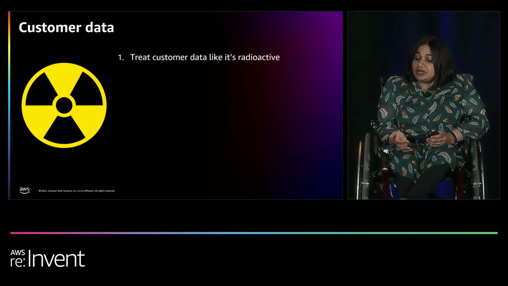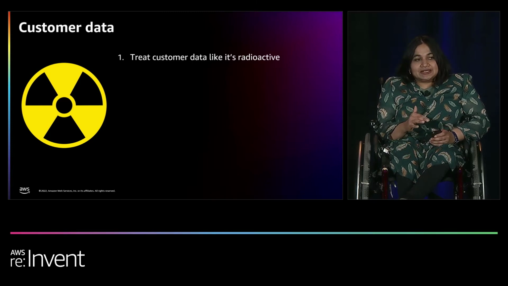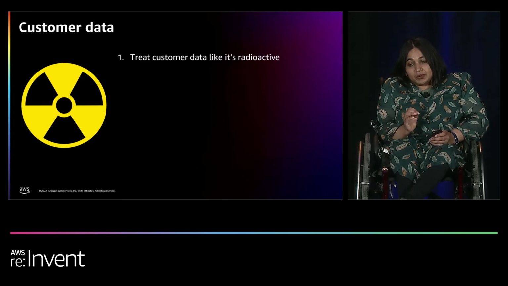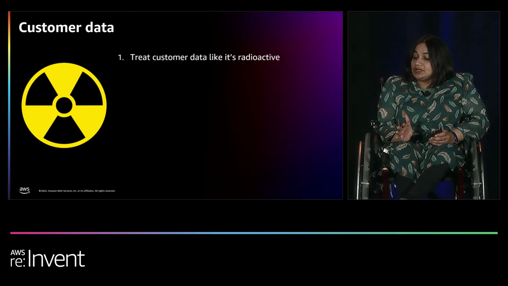Now, this may sound strange. Shouldn't we be protecting data from the people? What does that mean? But this mindset is very important because it recognizes the criticality of the data. We don't want to be exposed to it. We want shielding in place to ensure that we are kept safe from it.